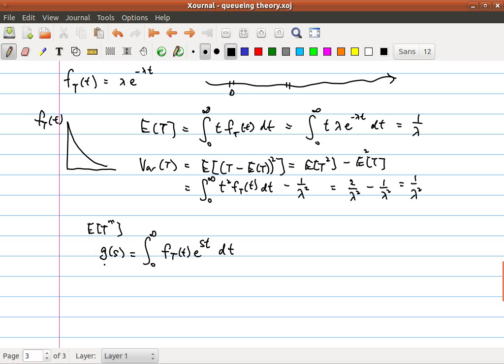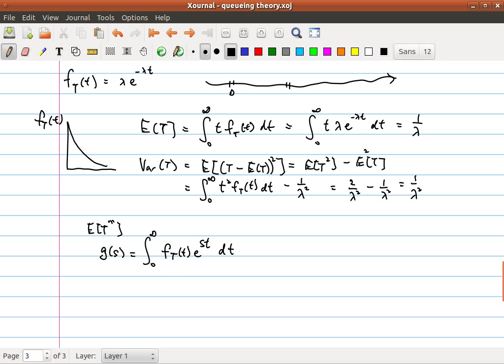If we take the derivative of G(s) with respect to s, you see that there's a t coming down here, and then if we set s equal to 0, then basically we will have the expectation of t there.